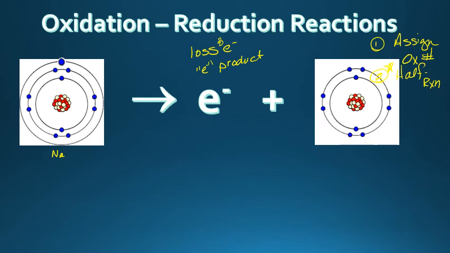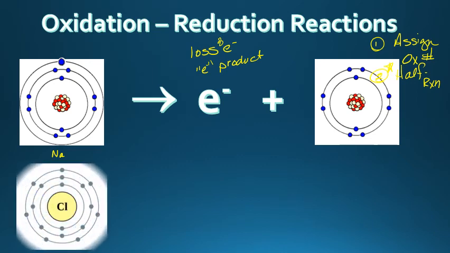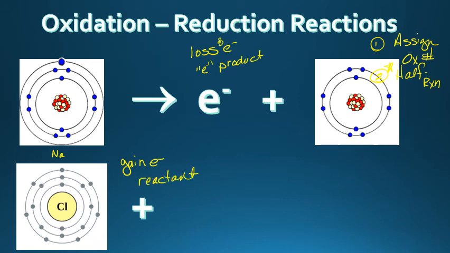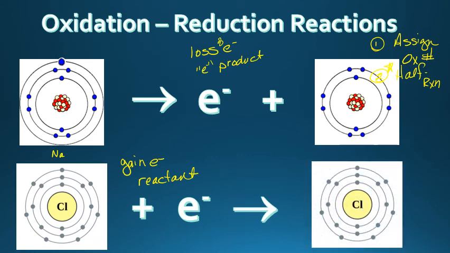Where did it go? Well, take a look at chlorine. See, now chlorine's going to gain this electron, so we write it as a reactant. When you gain an electron, you write it as a reactant, like that. And then when it gains an electron, we end up with the chlorine ion.